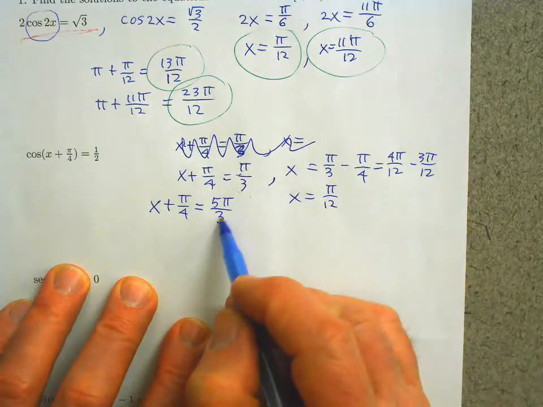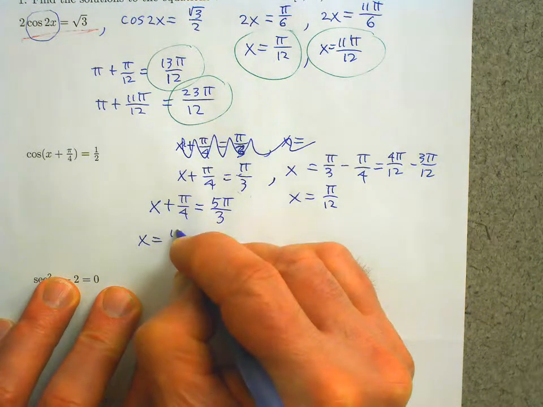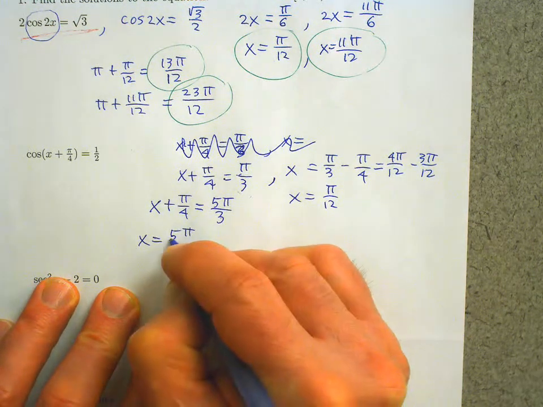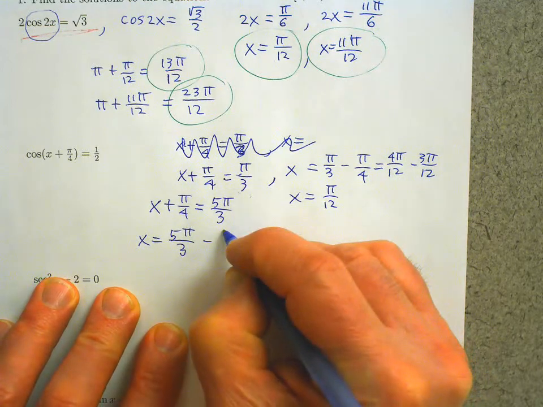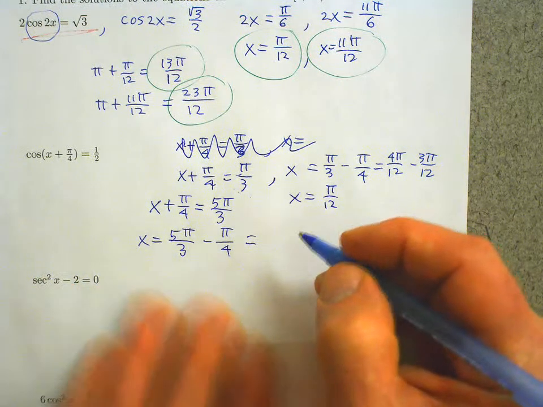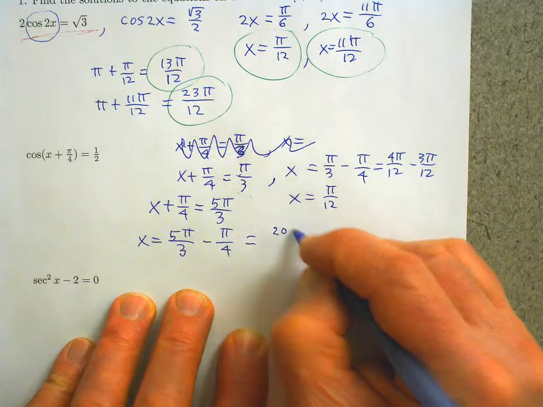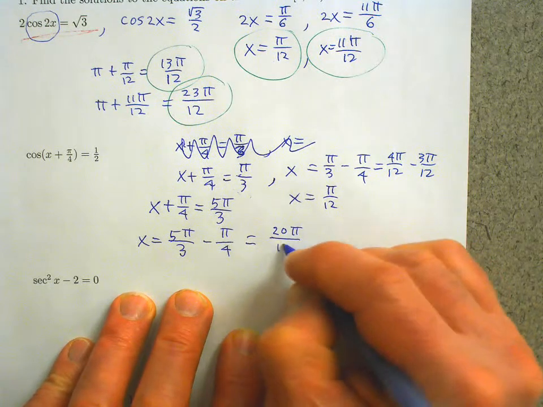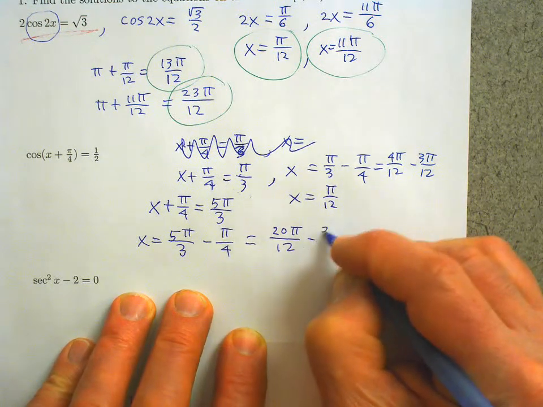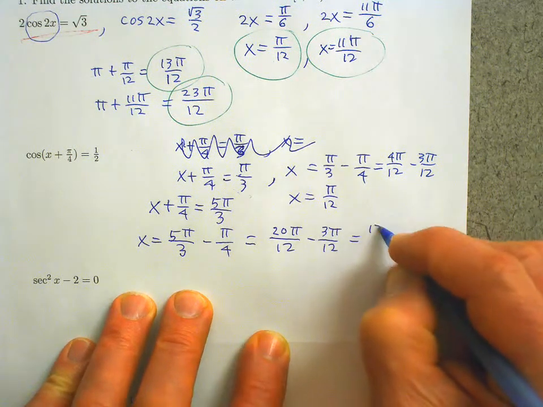Okay, so when we solve this for x, we just subtract pi over 4 from both sides. So this will be 20 pi over 12 minus 3 pi over 12, which is 17 pi over 12.